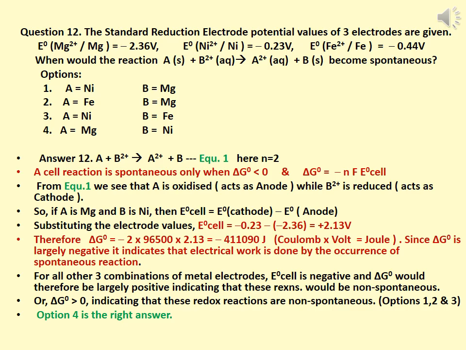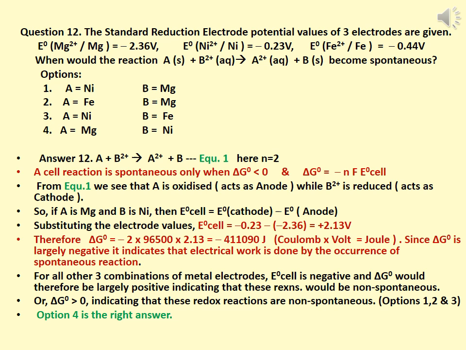Therefore, delta G naught is equal to minus N, which is 2, into F, which is 96,500 coulombs, into E naught cell, 2.13 volt. Coulomb into volt will give us joules, the unit for work.